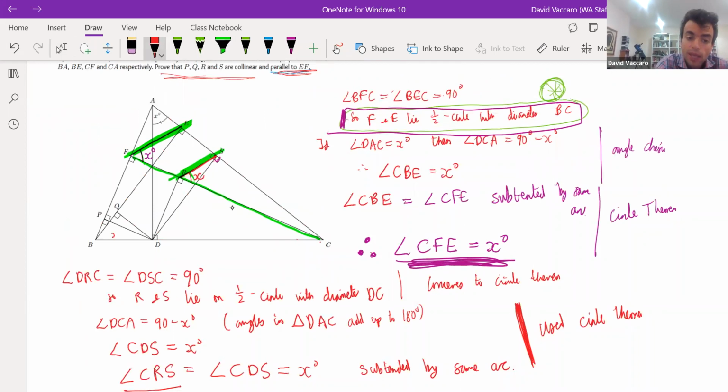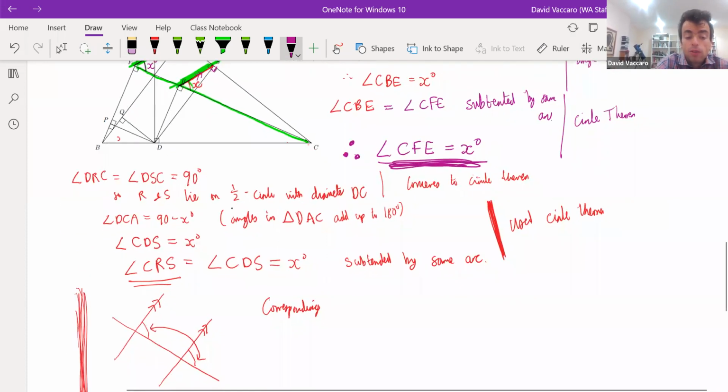Now, what we've shown here is that the corresponding angles are equal, but that means by the converse result, we can conclude that these lines are parallel.